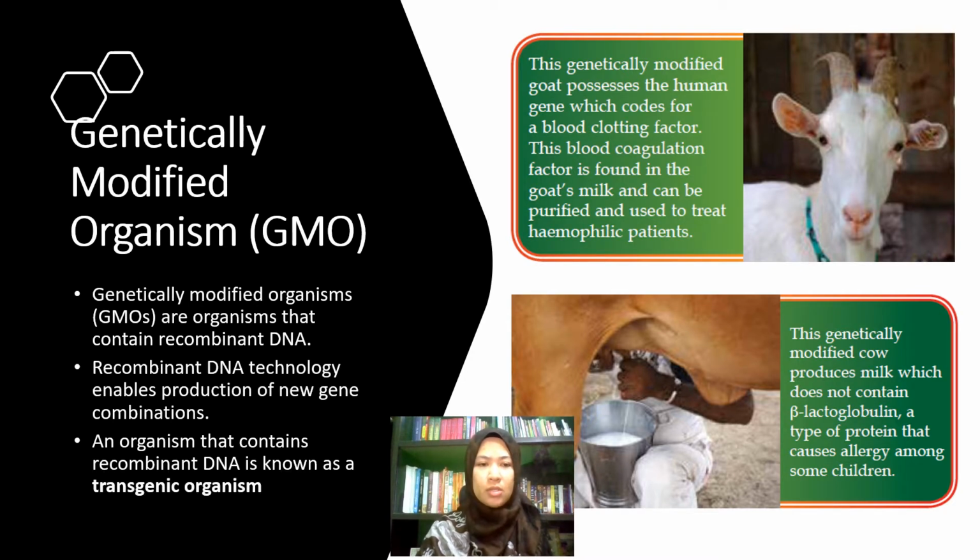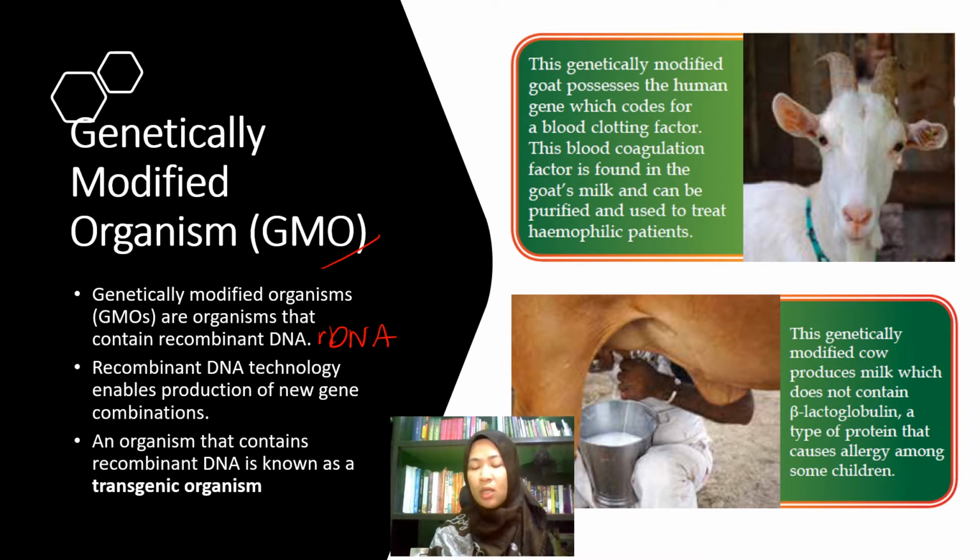Students, look at the genetically modified organism, GMO. GMOs are organisms that contain recombinant DNA or rDNA. Recombinant DNA technology will enable production of new gene combinations.